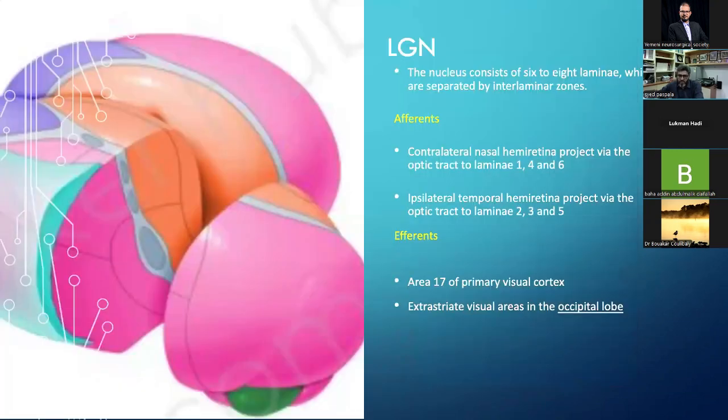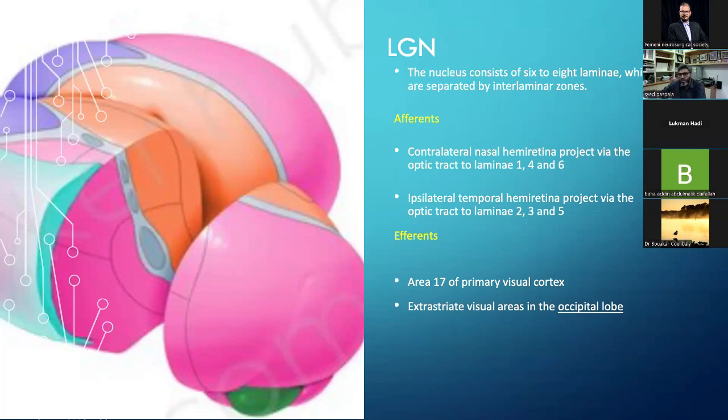And this structure in green is the lateral geniculate nucleus, on the lateral part of the posterior pole of the thalamus just below the pulvinar. This receives afferents from the contralateral side.